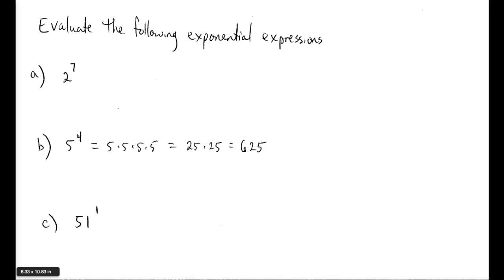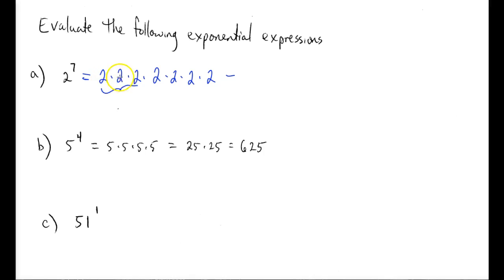All right, so now let's look at some examples. What we want to do is evaluate these. And to evaluate them, of course, we just need to figure out what this actually means and then figure out the resulting number. So 2 raised to the 7th is just 2 being multiplied times itself 7 times, okay? And so here, I'll group these together.